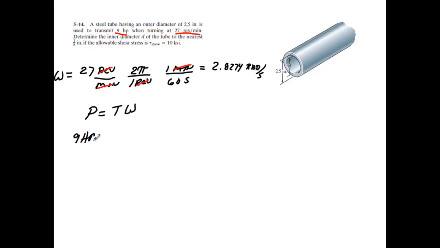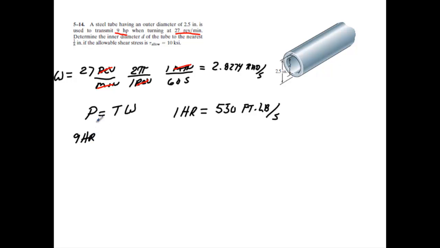You need to get this power into foot-pounds per second. 1 horsepower is equal to 550 foot-pounds per second. So we'll do this conversion here.